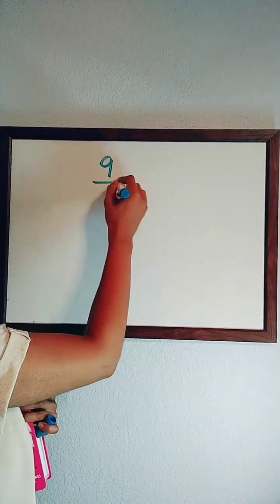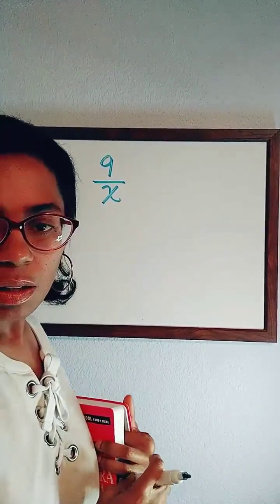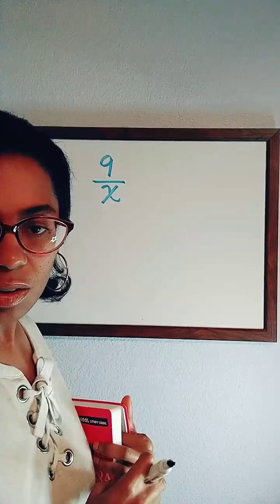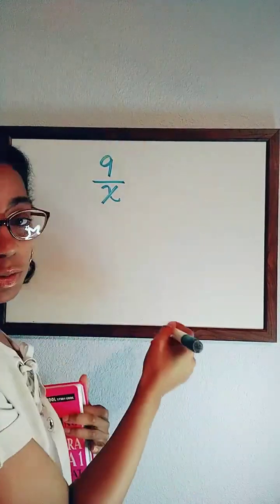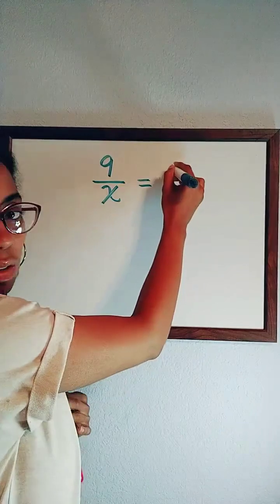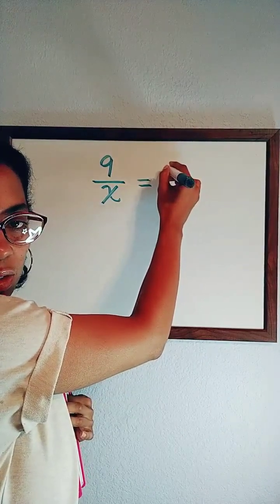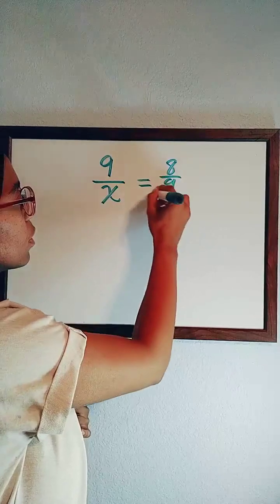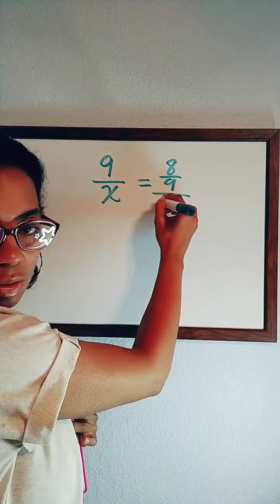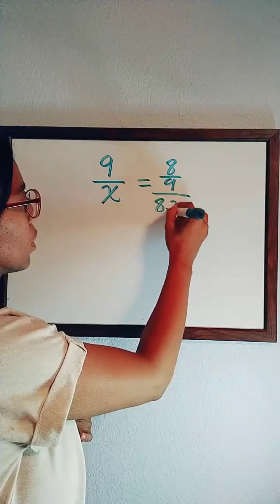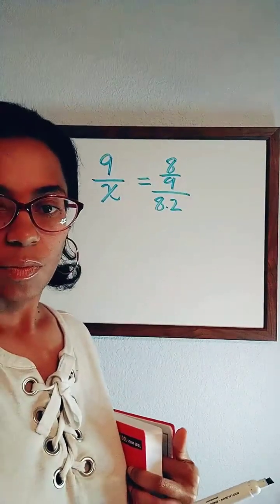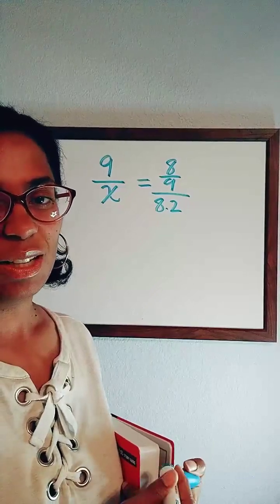All right, Shaprisa, let me go back up and grab your question. 9 over x, then it's a fraction. 8 over 9 is equal to 8 over 8.2. Like that? I really don't do a lot of geometry. That one?